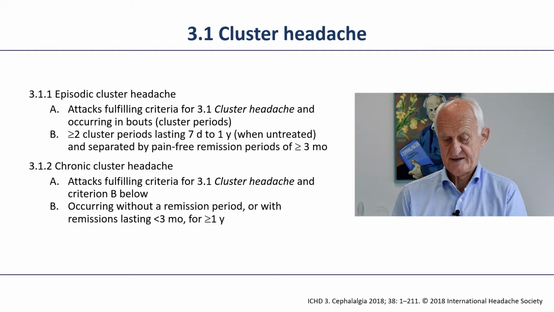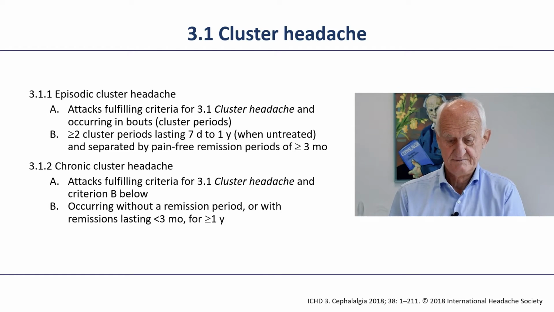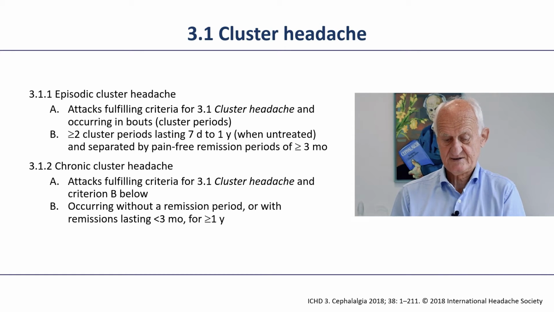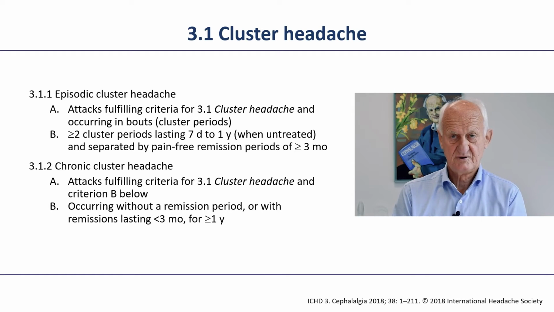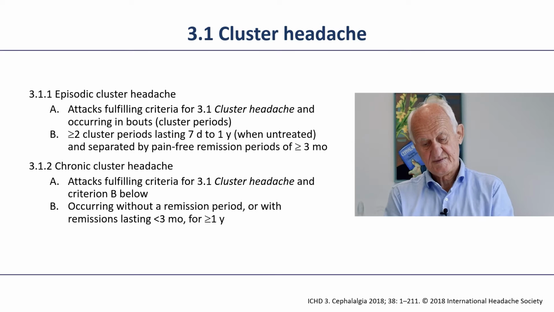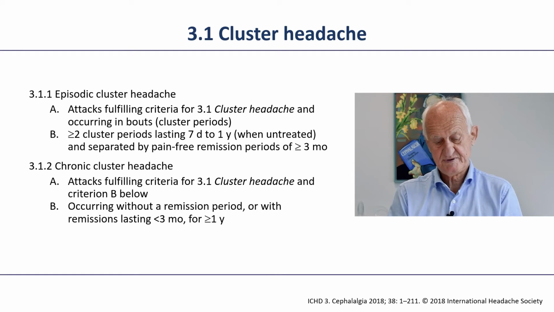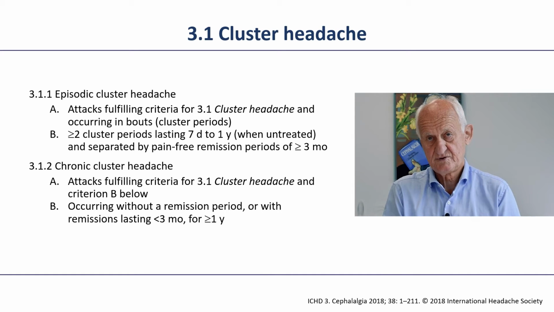The episodic one occurs in certain periods called cluster periods, and then in between the patient has no headaches at all. And the chronic ones, they have it more or less all the time. They can have short remission periods, but they cannot have remission periods that last 3 months or more.